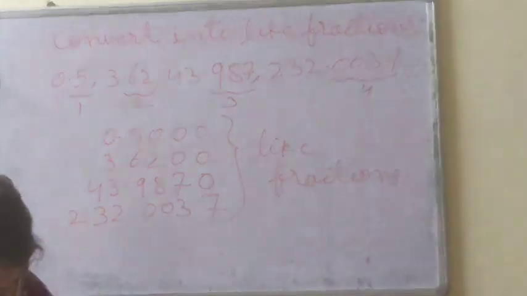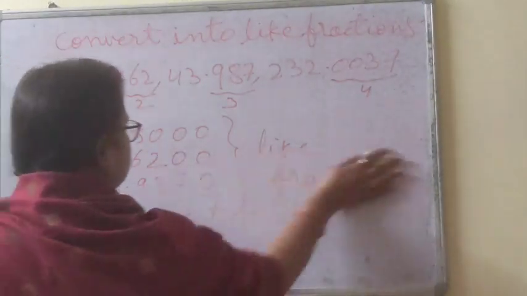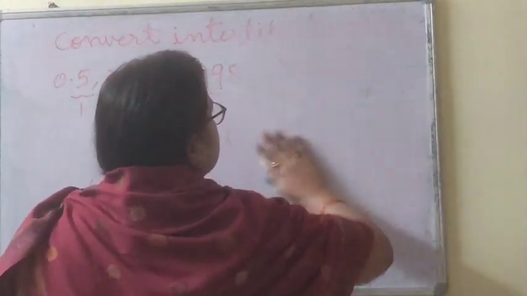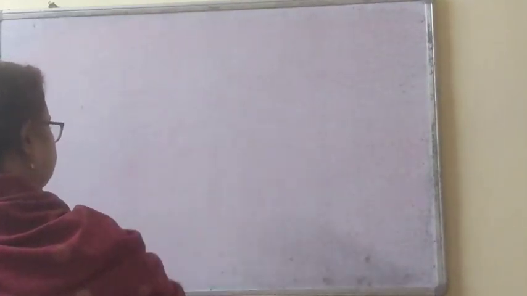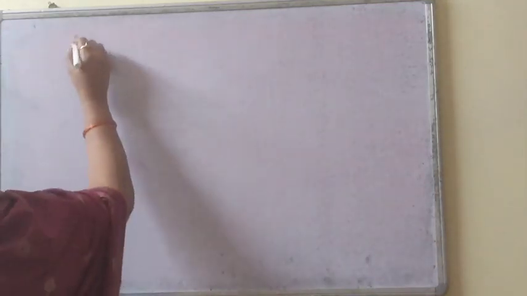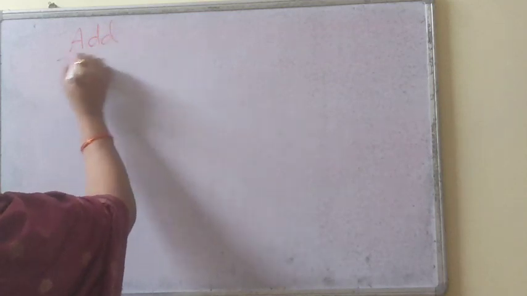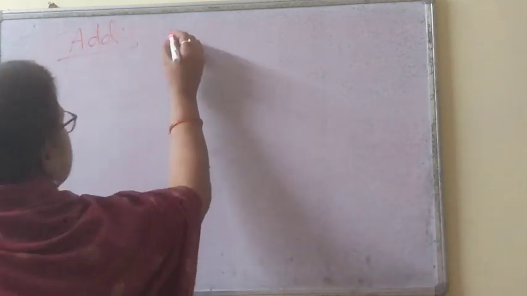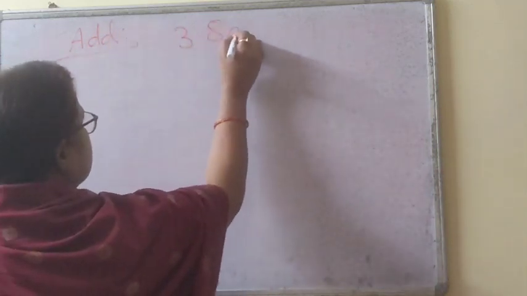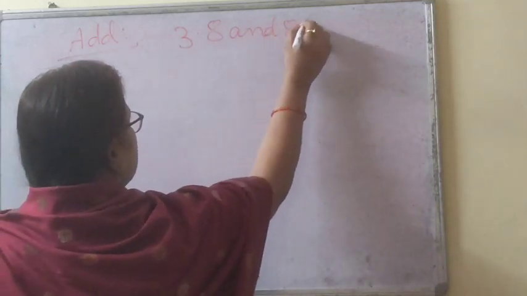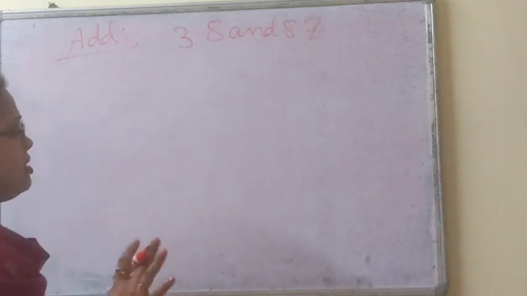Now the next step. Now next you get addition. Clear? Add 3.8 and 8.7. So again the same thing.